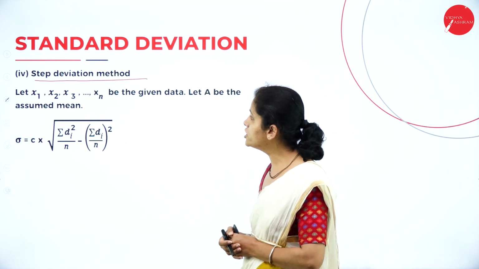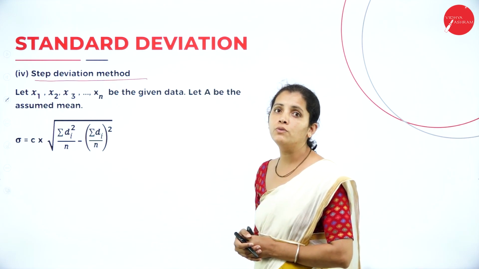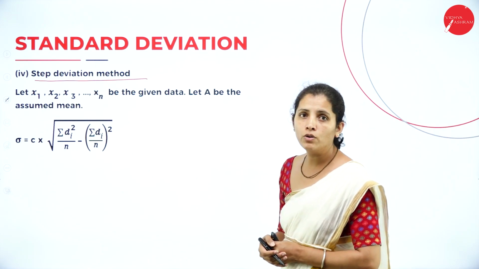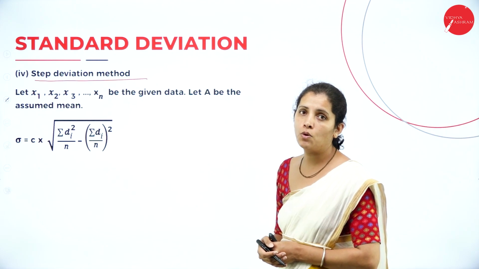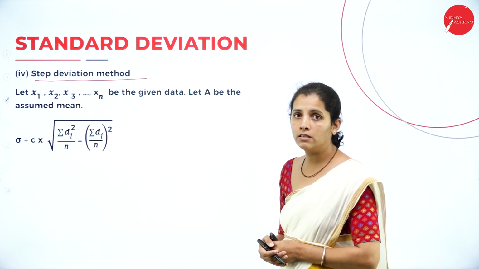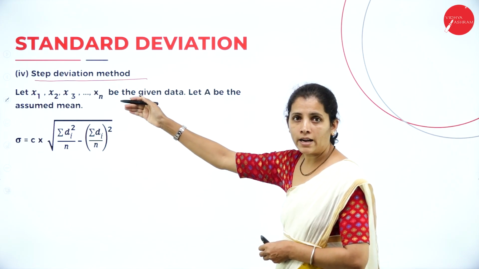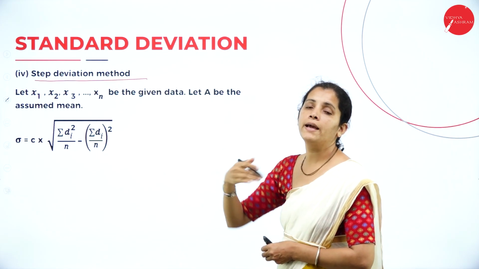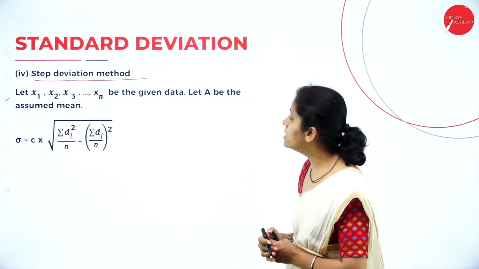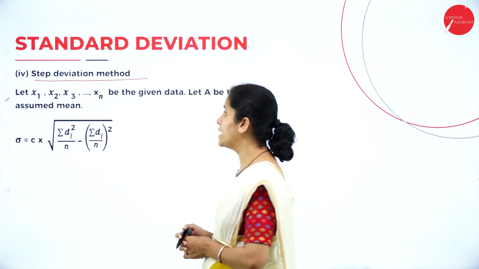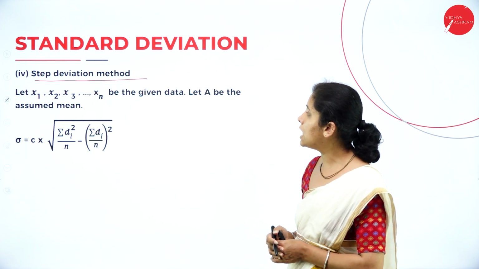In the step deviation method, I'm going to find the common factor, C. By the common factor, I can divide all the numbers. So, here let x1, x2, x3 up to xn be the given data.